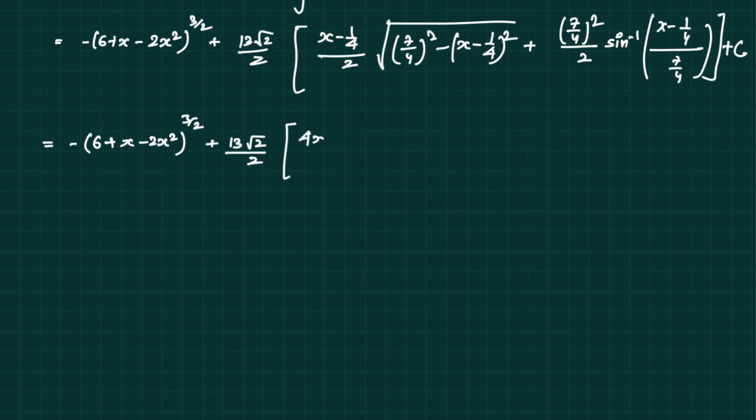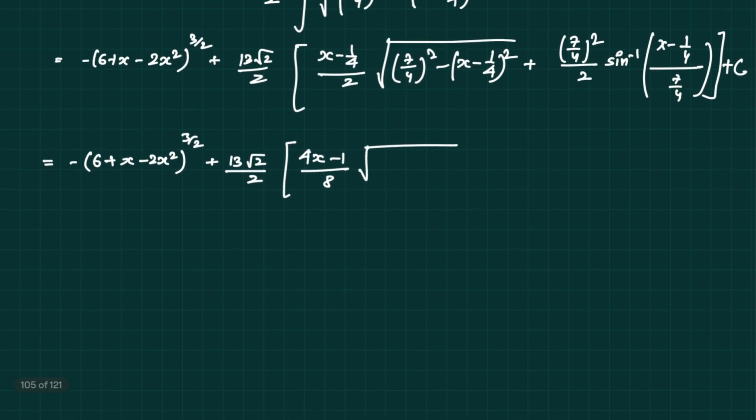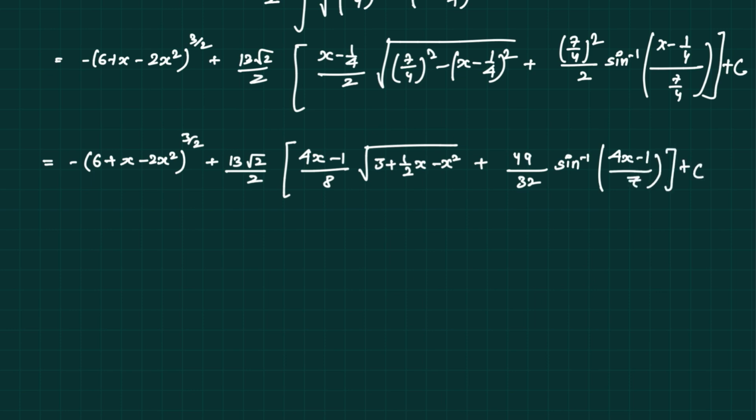Here if I simplify, then we will have (4x minus 1) by 8 times square root of this everything, which will be 3 plus half x minus x square, plus here it will be 49 by 32 sine inverse of (4x minus 1) by 7, plus c.